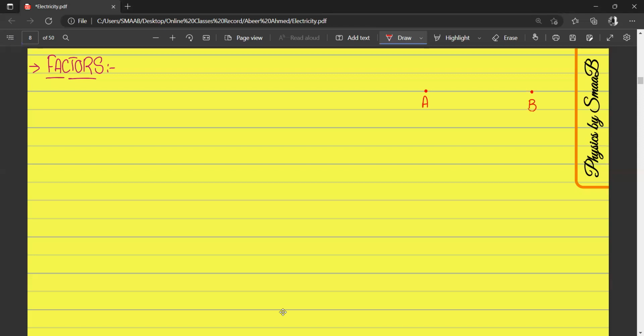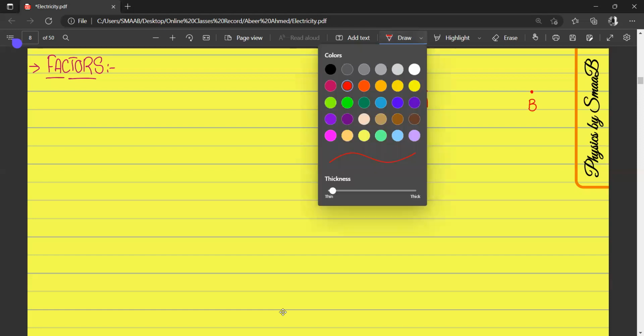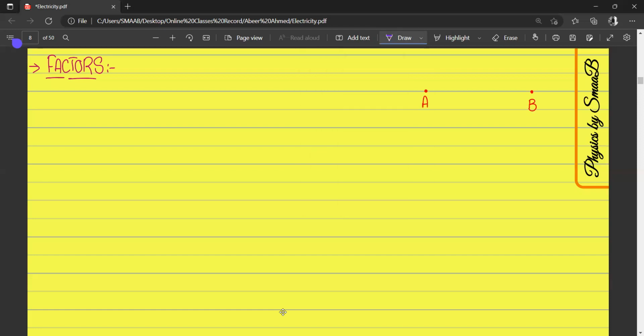point A is the starting point, B is the destination. So the simplest path we use to travel from A to B is the straight line, right? And if you travel this distance in some circular or spiral form, which path is the longest one, the green or the blue?